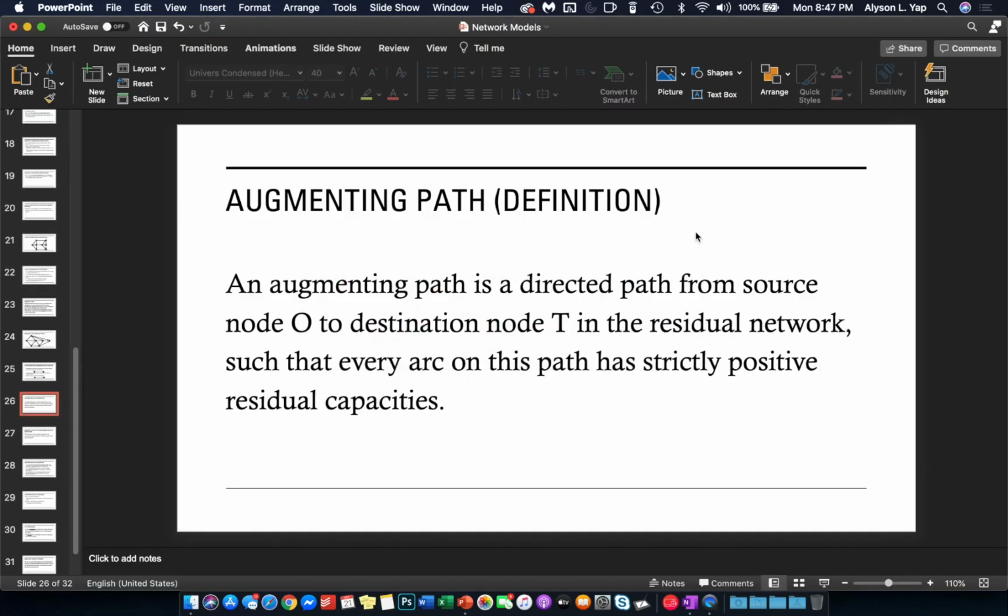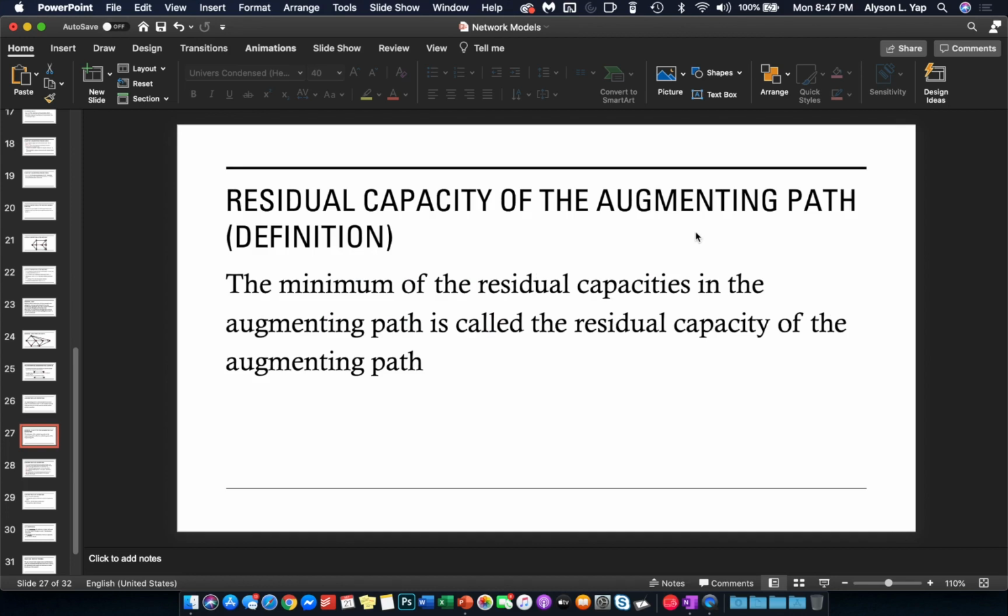Now that you understand what an augmenting path is, let me now define what the residual capacity of the augmenting path is. The minimum of the residual capacities in the augmenting path is called the residual capacity of the augmenting path. Let me explain.